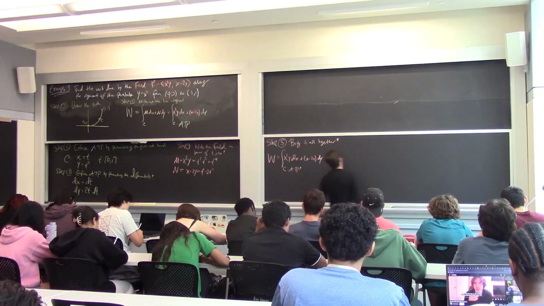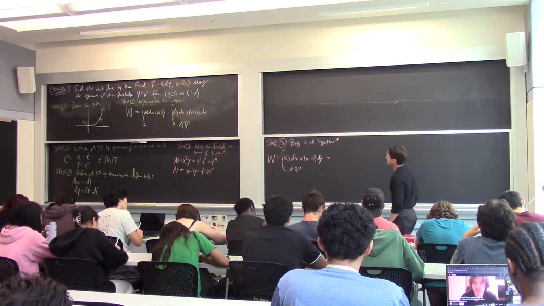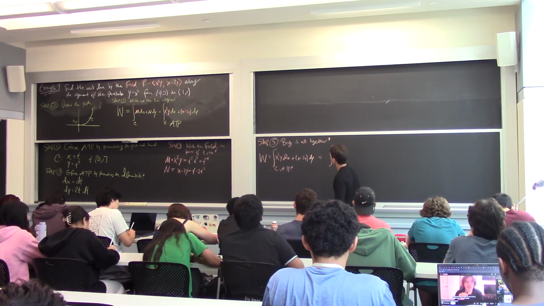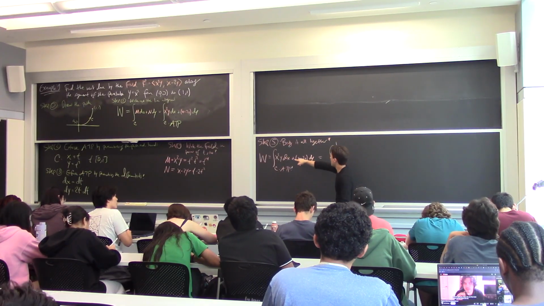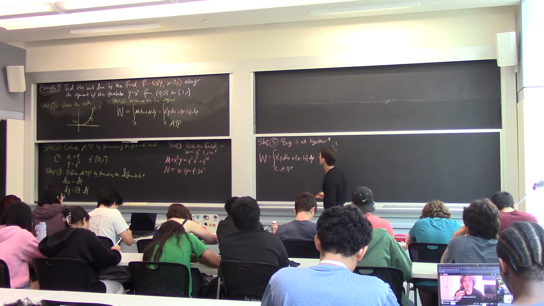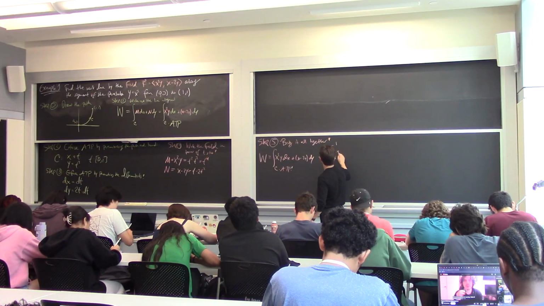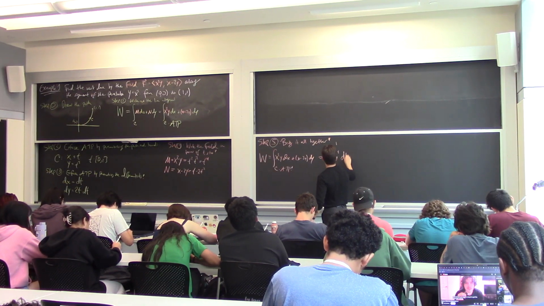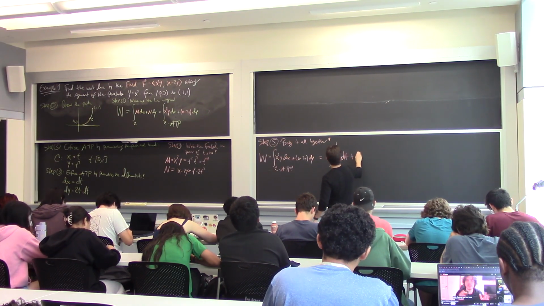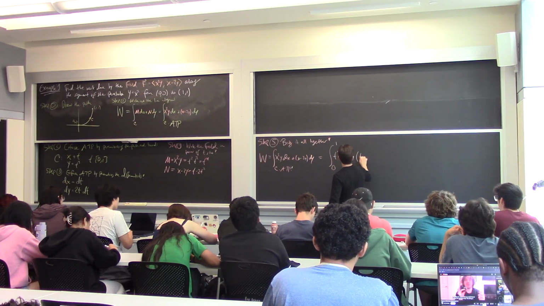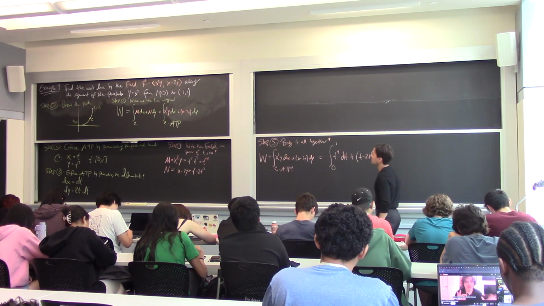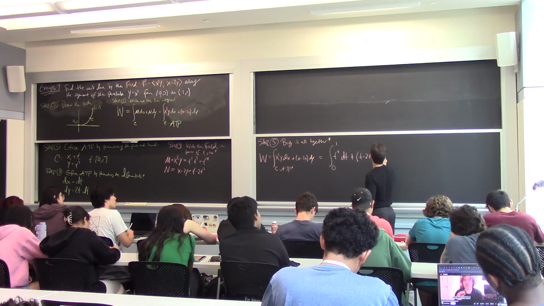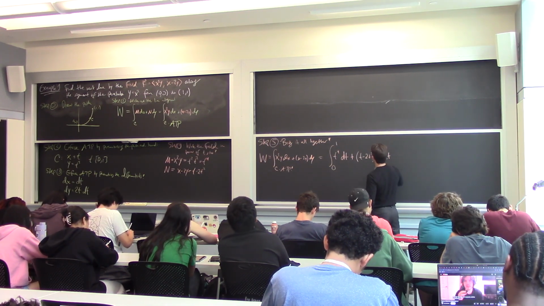What does this look like if we plug in all of these constraints? Integral from 0 to 1 of x squared y becomes t to the 4th, dx becomes dt, plus x minus 2y, which becomes t minus 2t squared, dy, what does dy become? 2t dt.